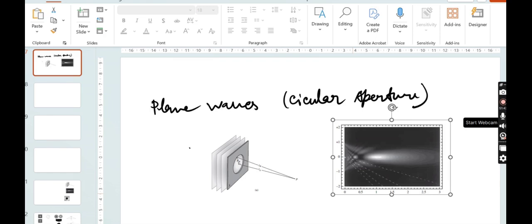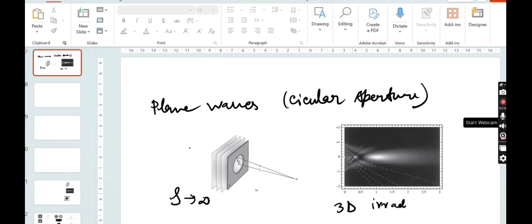Okay, the plane wave is emerging through this circular aperture. So here rho tends to infinity, and this is the three-dimensional irradiance distribution. Basically, this is what we will see.